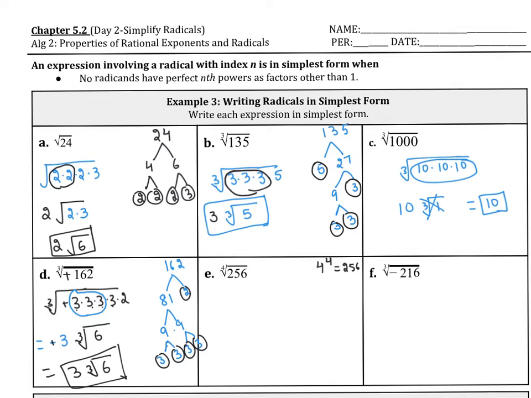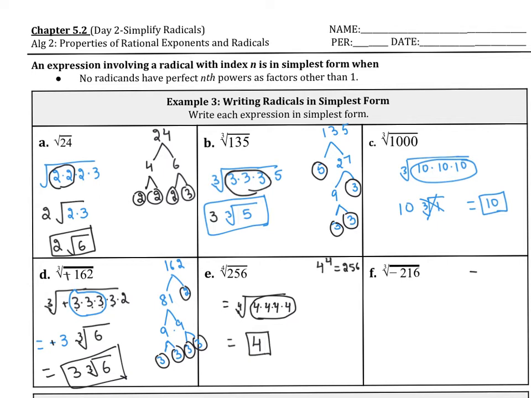It means the fourth root of 256 is 4. So we can write that as 4 times 4 times 4 times 4. They make a group of 4, so take it out of the radical symbol. So the fourth root of 256 is 4.